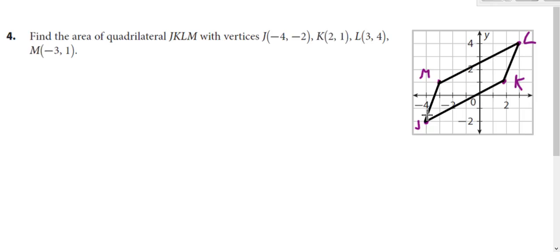So it looks like a parallelogram, which means we're going to need the base and the height. We need the length of the base here. 6 squared plus 3 squared, that's 36 and 9 is 45. Square root 45.